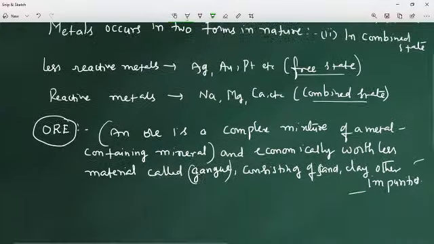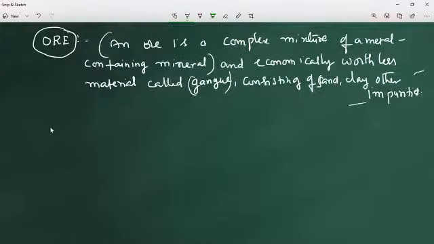Okay, let us understand the steps involved in extraction of metals.